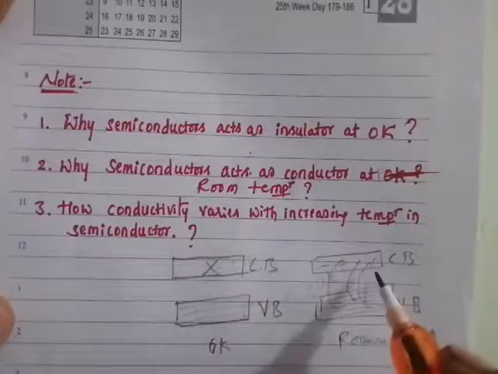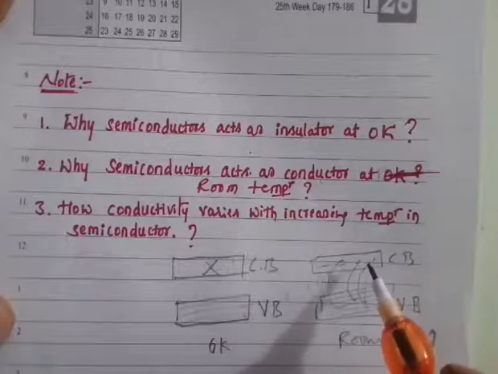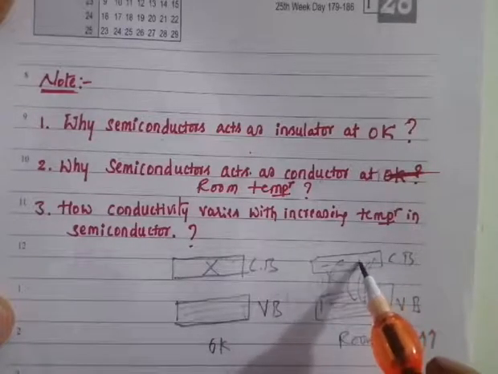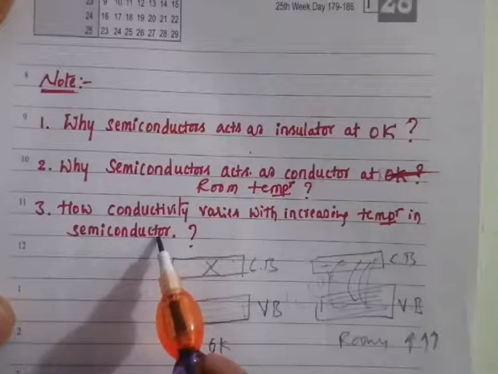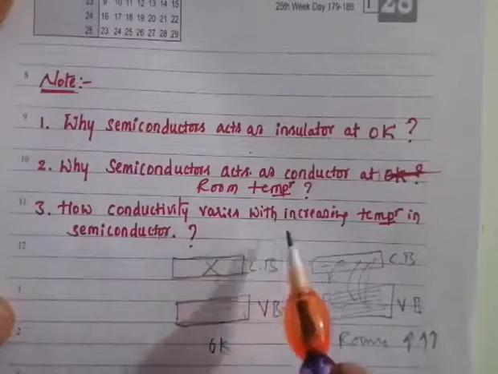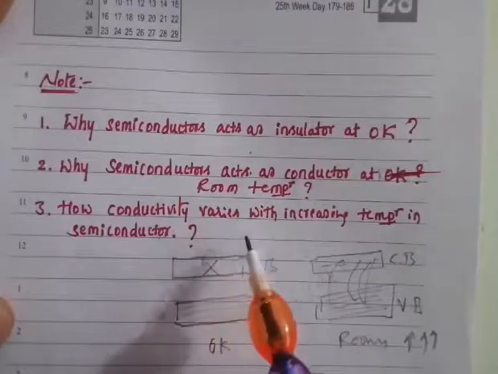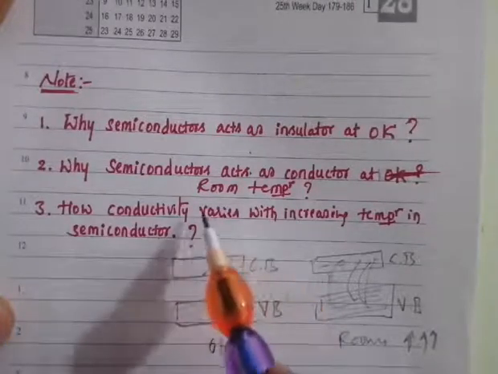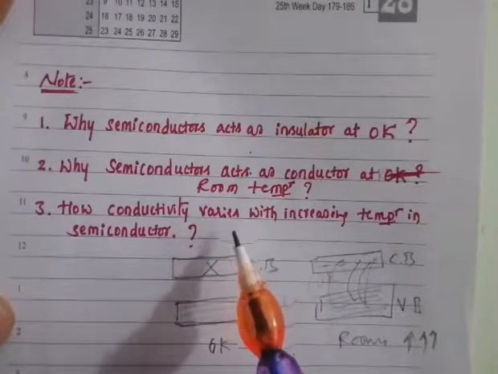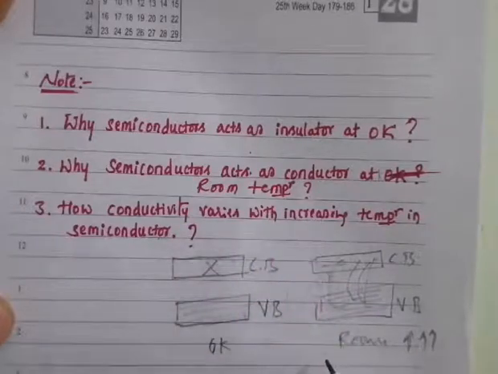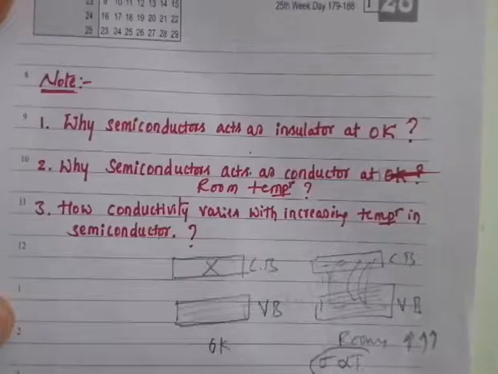So with increasing temperature, conductivity also increases in case of semiconductor, that is directly proportional. So as temperature of semiconductor increases, conductivity of semiconductor also increases. Therefore conductivity of semiconductor is directly proportional to the temperature.